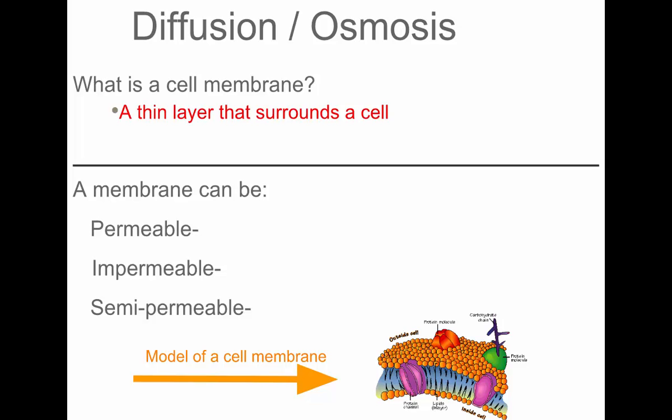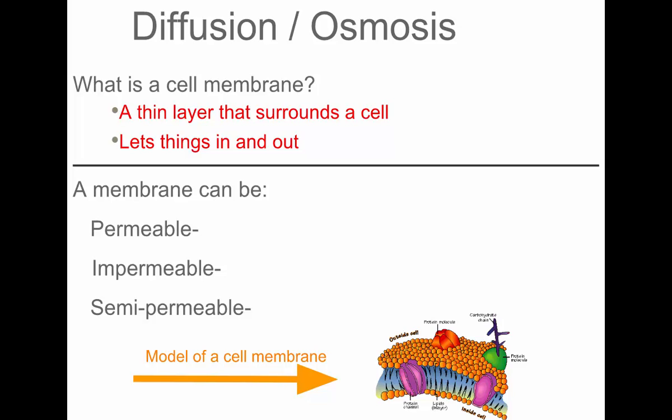It's a really thin layer. It's called a phospholipid bilayer. But it's this really thin layer that is what we call semi-permeable. You know what semi-permeable would mean? You know what permeable might mean? No?